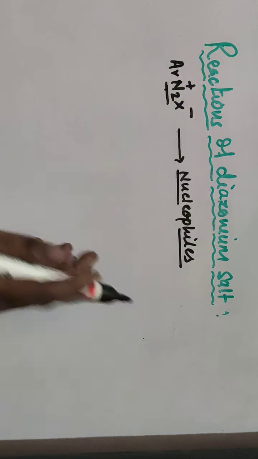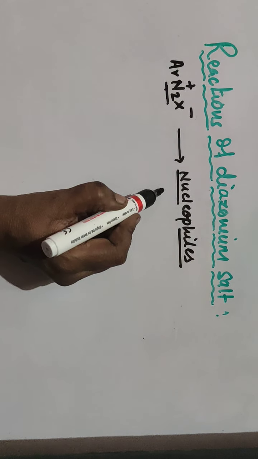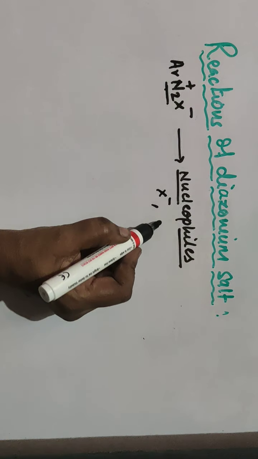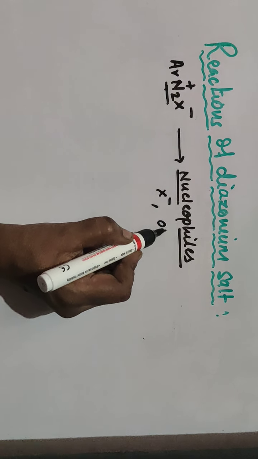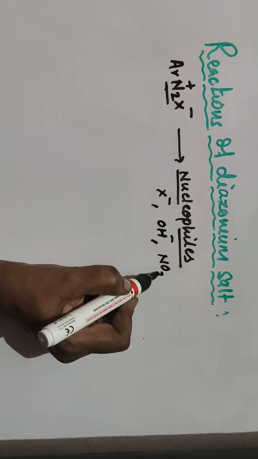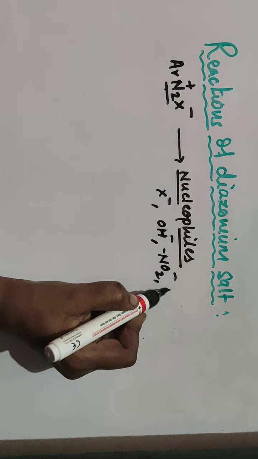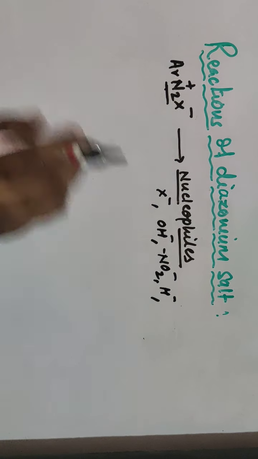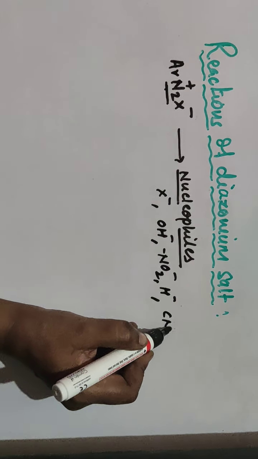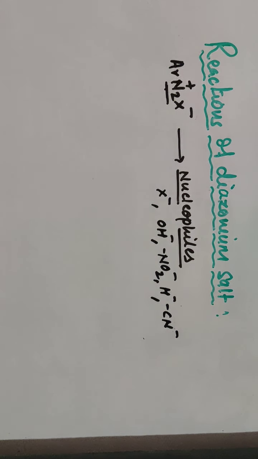Nucleophiles are again well familiar to you, like X minus, that is your halides, then OH minus hydroxyl group, NO2 minus nitro group, H minus hydride group, or it is CN minus cyanide group.